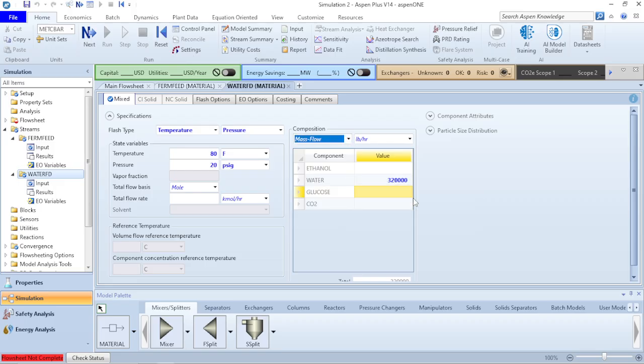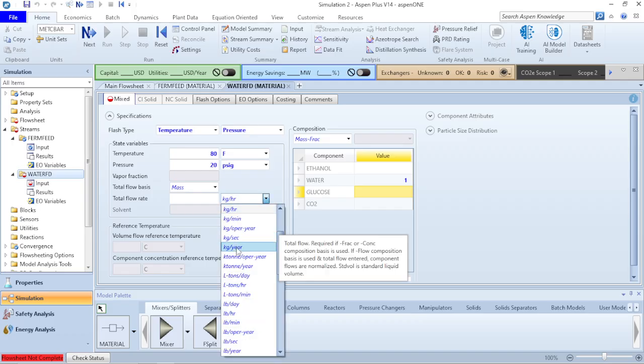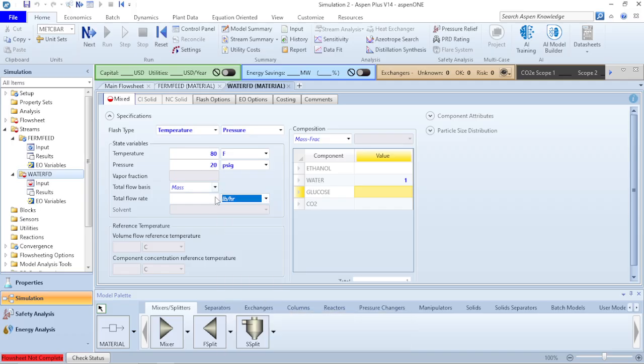Although this is correct, this is right, but just to do what we have in the question, change to mass fraction, put this as 1. Can come here, change this to my mass flow, and put in my 320,000 right here. So it's basically the same thing. Two processes are the same, still going to give you the same result.